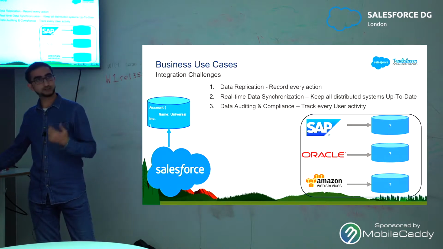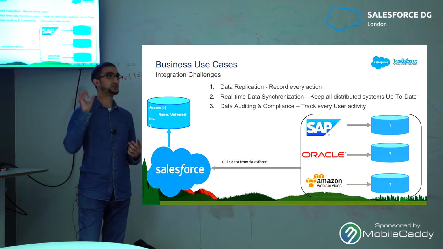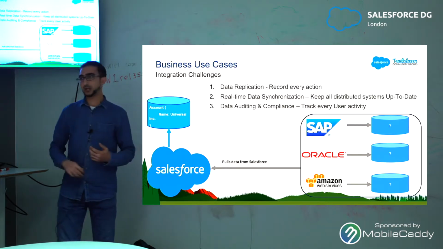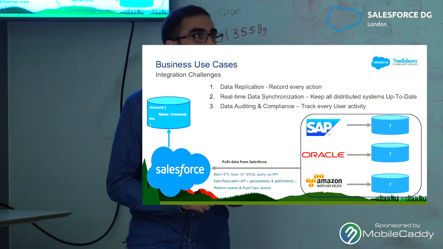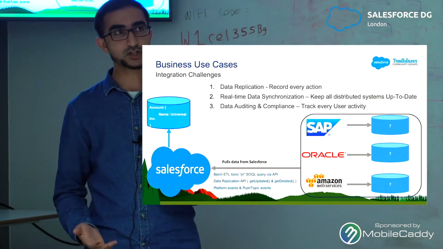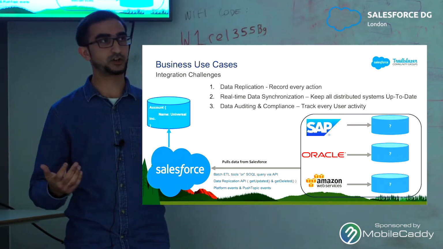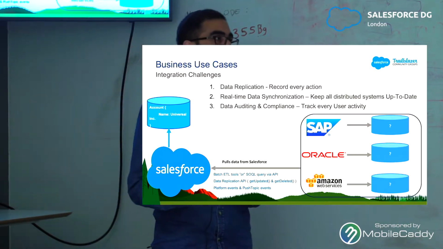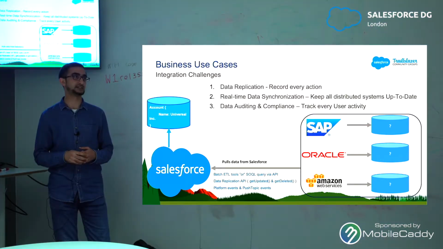Now you can start resolving these by using the pull technology, so pulling data from Salesforce. You can use different options: SOQL query via API, an ETL tool, maybe data replication APIs such as getUpdated or getDeleted APIs, and even platform events and push topic events.